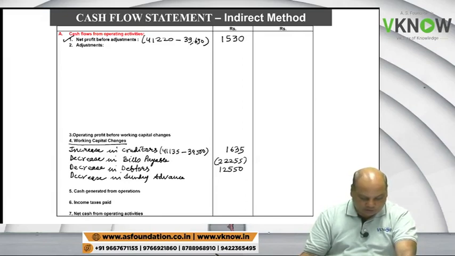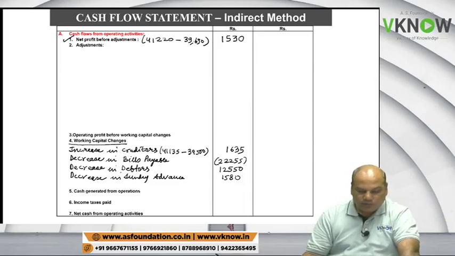So how much is that? 1580. Again tell me, decrease in sundry advance is increase in cash flow. Moonrise is right. Thanga Lakshmi is right.